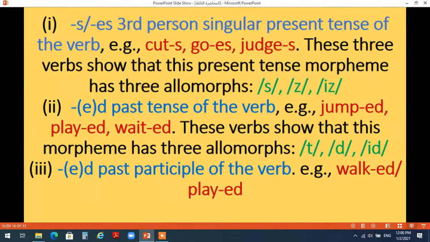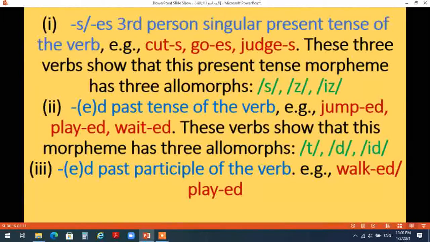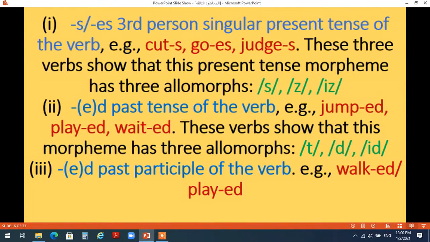Now, in these following slides, you will find some detailed information about these inflectional suffixes. Here we will see a more detailed explanation of each type of these inflectional suffixes in English. So the first type is the s or es for third person singular present tense of the verb, for example, cuts, goes, judges.